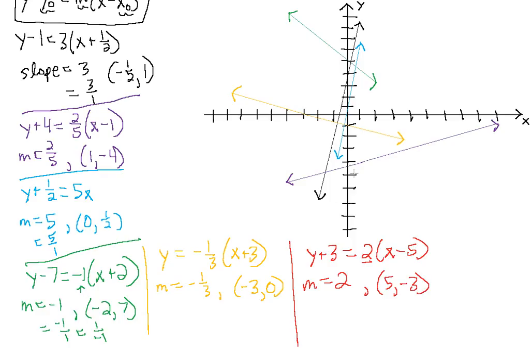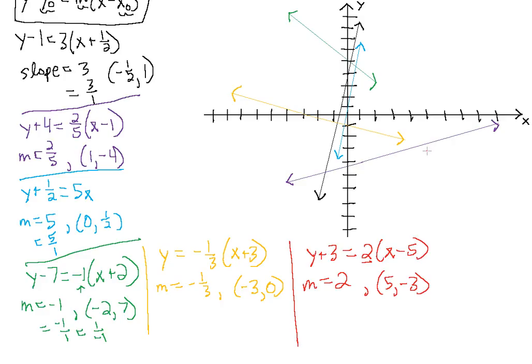So we know that the line defined by this equation goes through the point 5, -3 with a slope of 2. So let's find the point 5, -3. So 1, 2, 3, 4, 5, and 1, 2, 3. So it goes to this point right here and has a slope of 2.